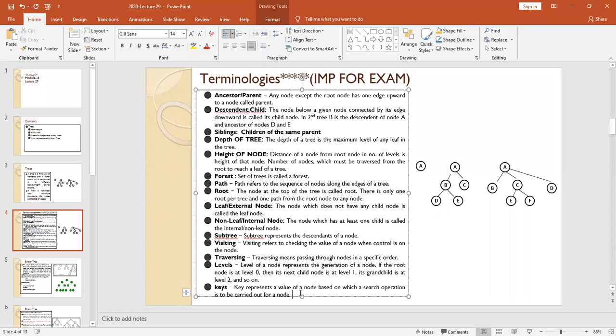Understood? So if you are searching for a node in a tree, then you use the concept of keys. Have you understood all these terminologies? It's very important from the exam point of view.